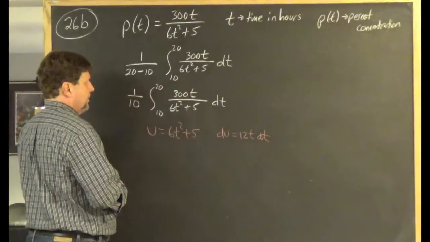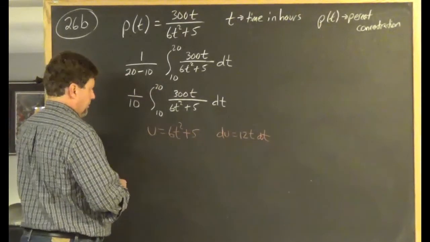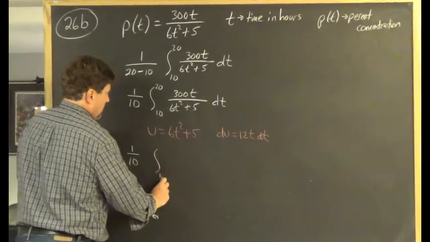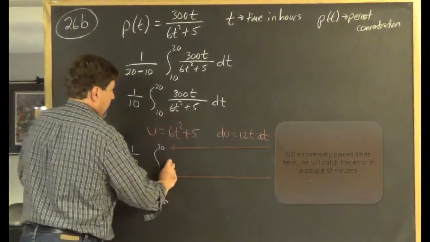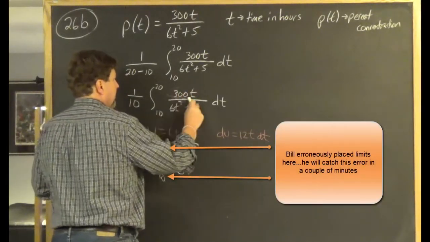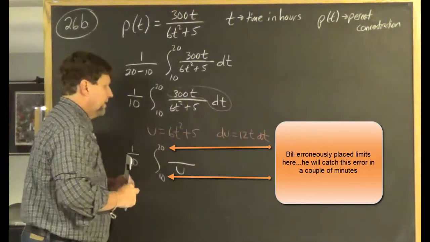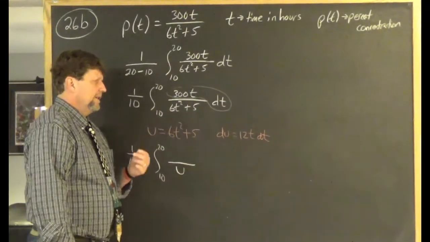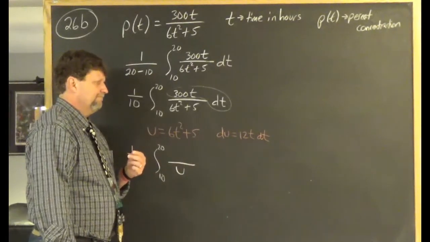When I substitute in, my denominator is the u. I still need to take care of the 300t dt. So 300t dt, my du is 12t dt.